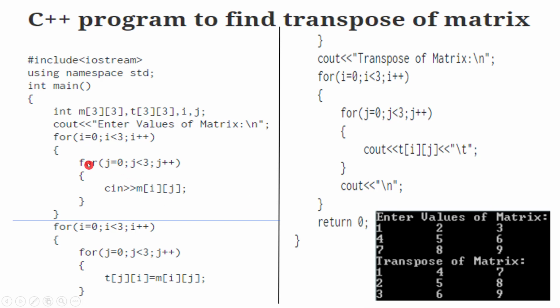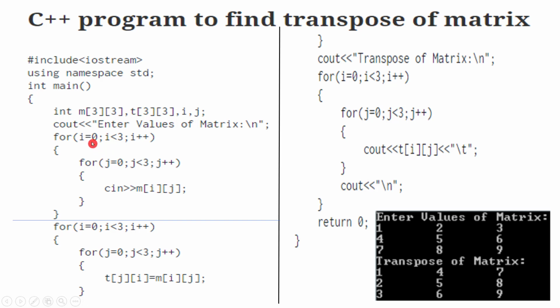To enter the values in the proper order, we need two for loops, one for i equal to 0 in the order of rows, and one for j to fill in the column order. For i equal to 0, i less than 3, i plus plus. So i is position 0, 1, 2. It will come, and when it's 3, it will come out of the loop.